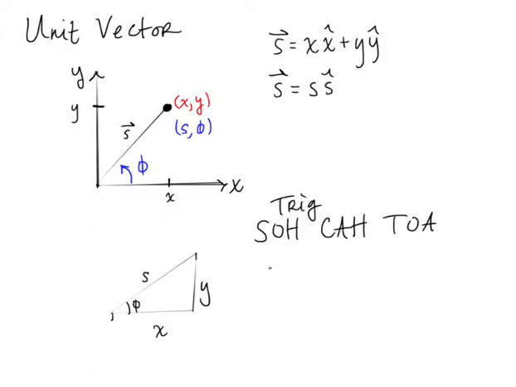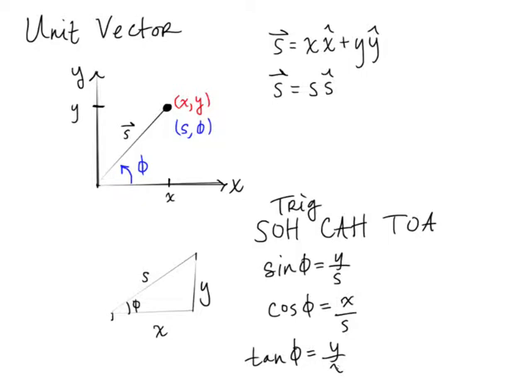Sine of phi is equal to the opposite over the hypotenuse, and the opposite in this case is y, and our hypotenuse is s. Cosine of phi is the adjacent, which is x over s. And tangent of phi is the opposite over the adjacent, which is y over x.